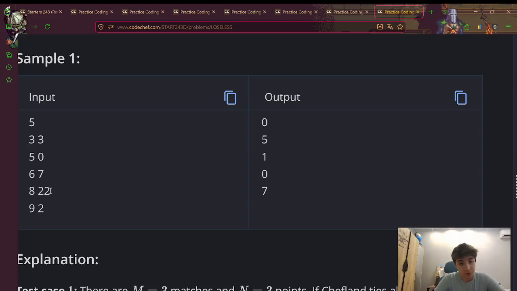What about if I do plus 2? For example, 1 and 3. So it means one match and it's 0 losses.